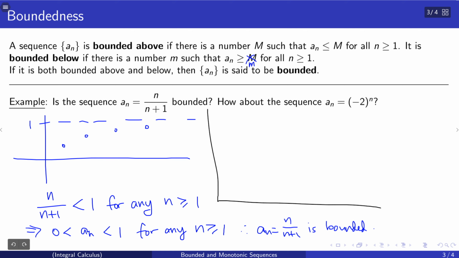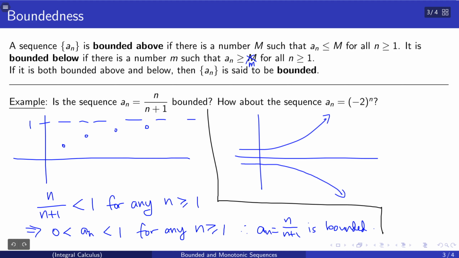Okay. How about minus 2 to the n? Well, we already saw from last time that that's not a bounded sequence. Right? Because its terms alternate in between the two curves 2 to the n and negative 2 to the n.